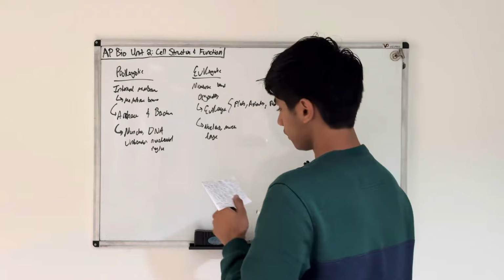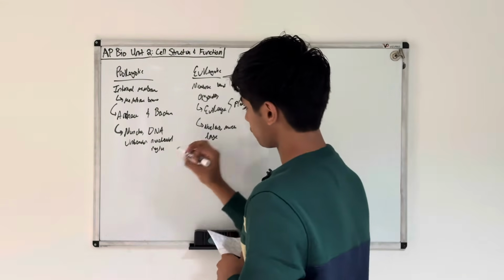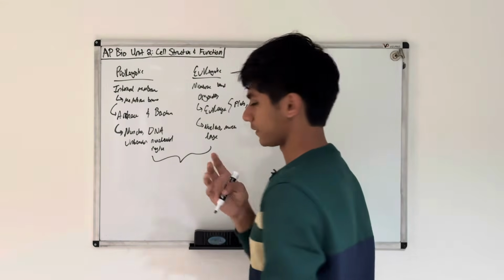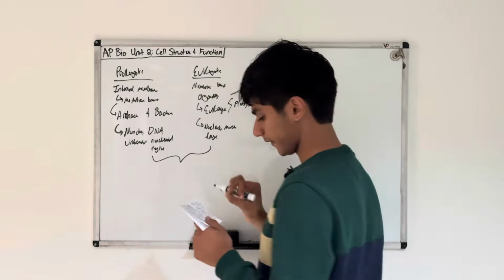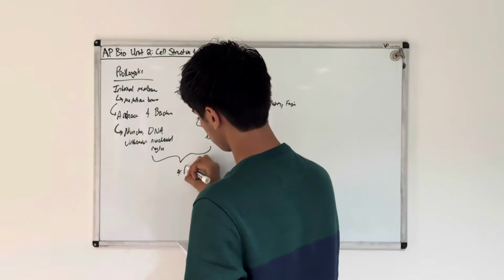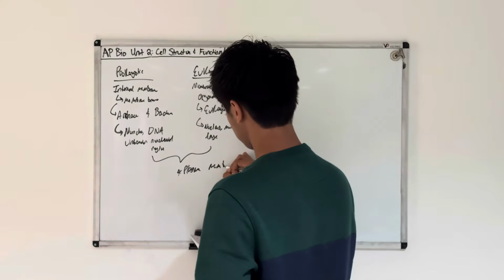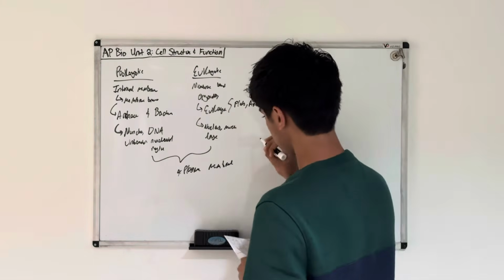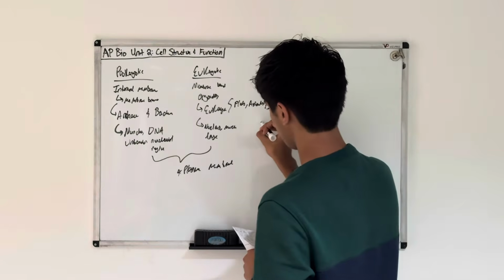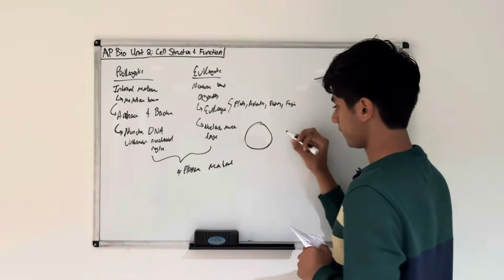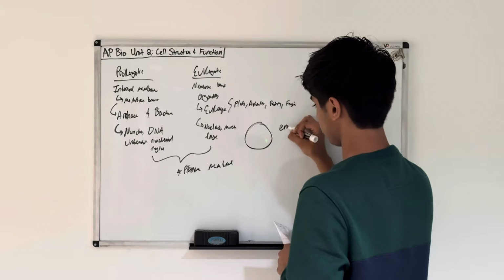Okay? So all cells, prokaryotic and eukaryotic, share four common things. They all have a plasma membrane, or a cytoplasmic membrane. This is basically just a lipid boundary around the cell that separates it from the environment.